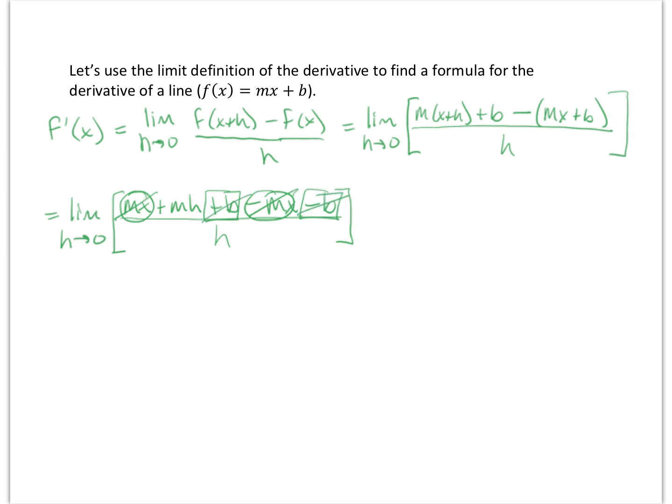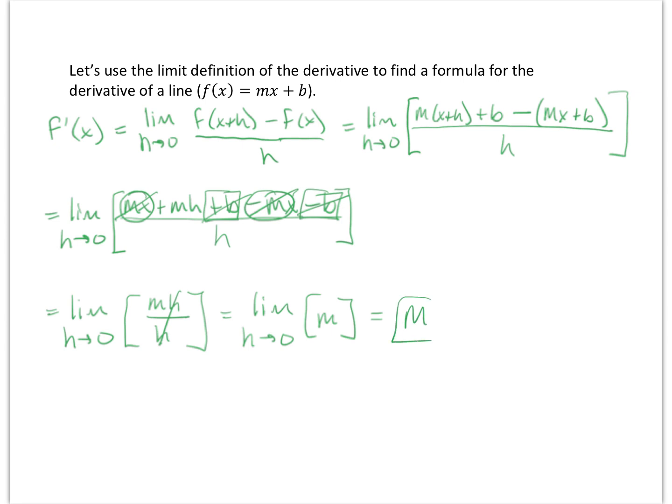So all I'm left with is the limit as h goes to 0 of mh over h. My h's cancel. And this is the limit as h goes to 0 of m. And several lectures ago, we talked about a property of limits, that the limit of a constant is always the constant. So this is m.